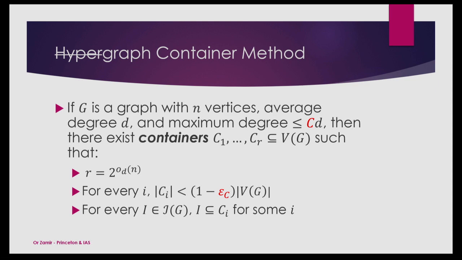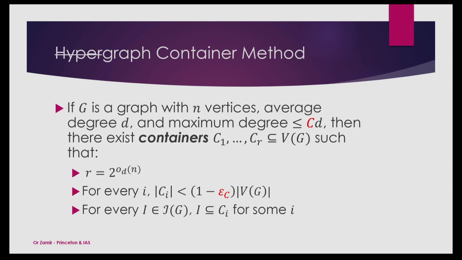You are very welcome to ask this in the question part or afterwards. But in many, many applications of the container method, this can be really improved. So what's written here can be a much smaller constant than something close to 1. And the third thing holds as before. Every independent set is fully contained in one of the containers.